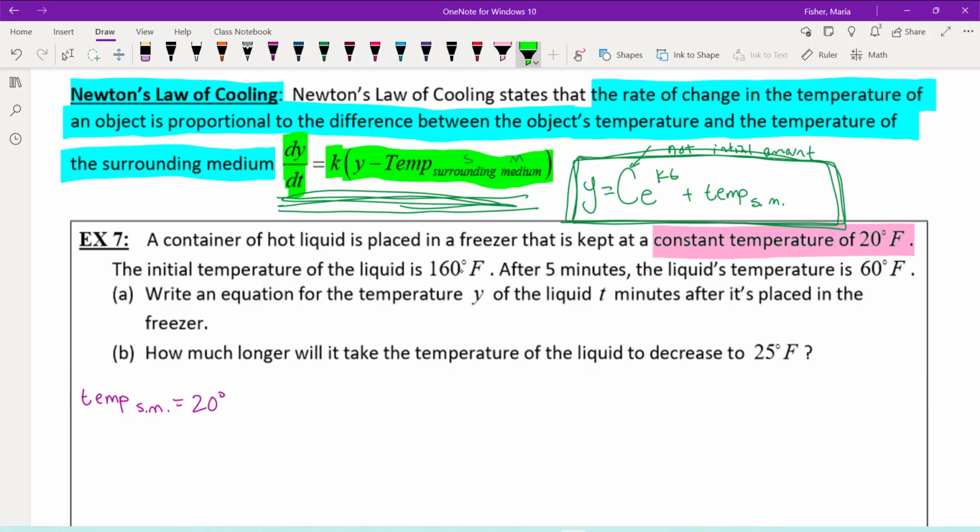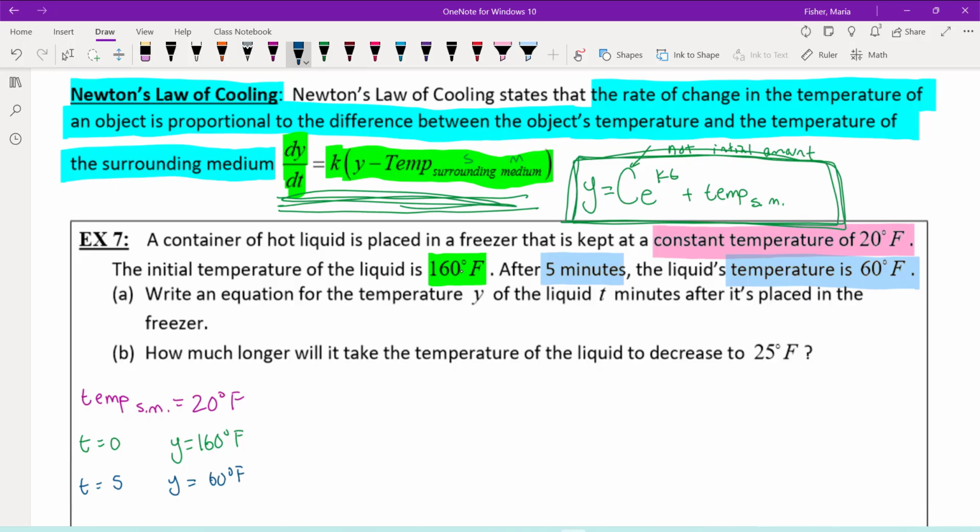I know that initially the liquid is 160 degrees Fahrenheit, so that means that when t is equal to 0, y is equal to 160 degrees Fahrenheit. I also know that after 5 minutes, the temperature is 60 degrees Fahrenheit. So when t is equal to 5, y is equal to 60 degrees.